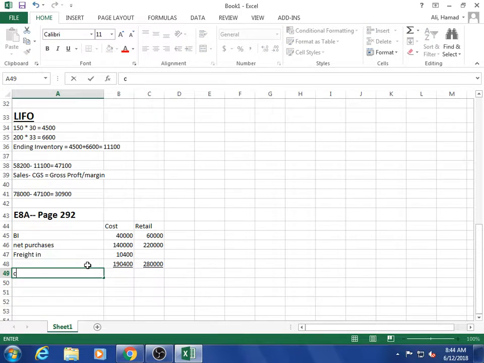The cost to retail ratio is equal to 190,400 divided by 280,000.